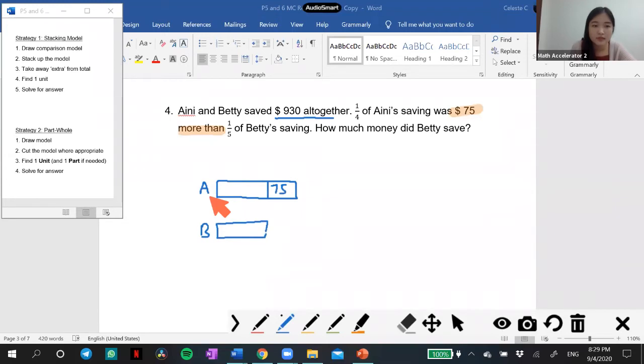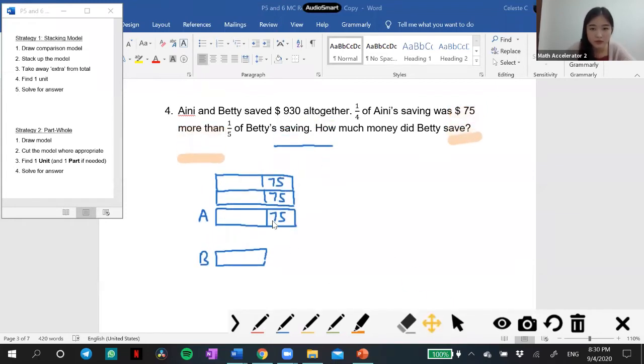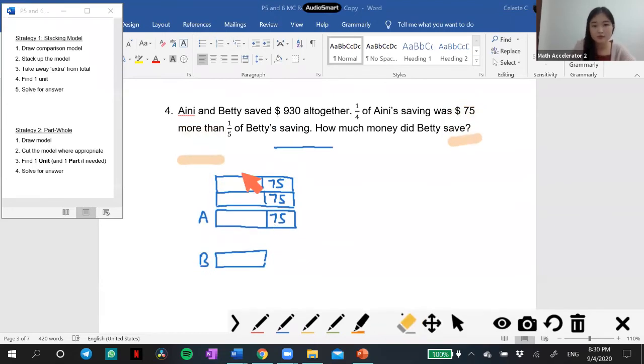Next step, stack it up. This is only 1/4. You need 3 more. So 1, 2, bring it down a bit, 3.